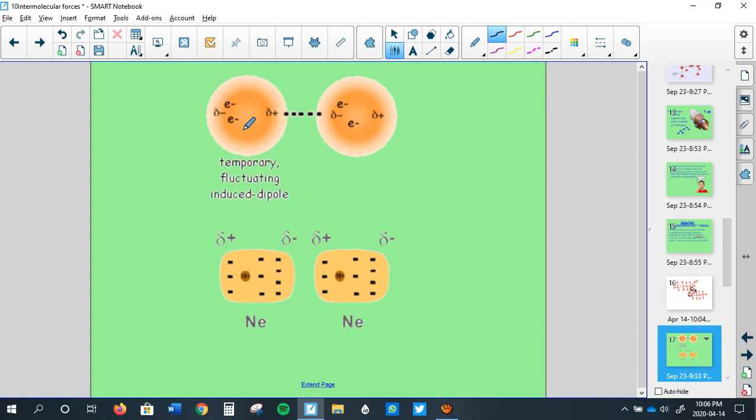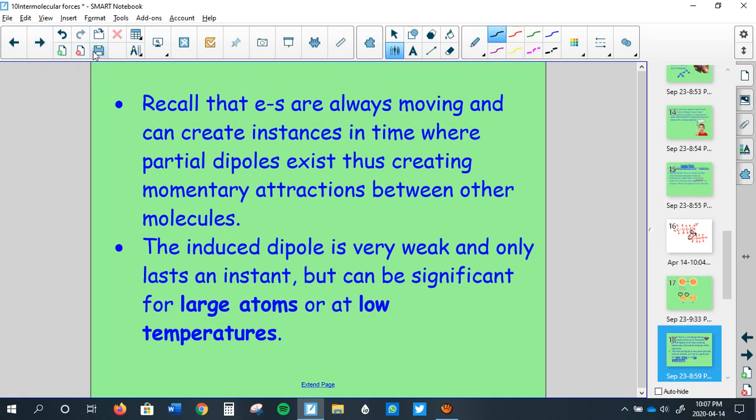We can talk about the quantum space and probability of electrons existing in this cloud of electrons, but they can be, for just an instant, especially if they're really cooled, they can slow down to create an uneven dispersion of electrons, so that one end could have a positive dipole and another end can have a negative dipole, and that can create a London dispersion force that will cause an interaction between two of these neons, these noble gases.